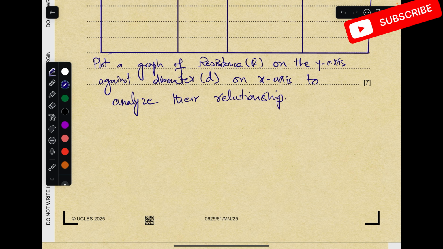On the x-axis comes the independent variable, on the y-axis comes the dependent variable. That's it, you are done with the paper.